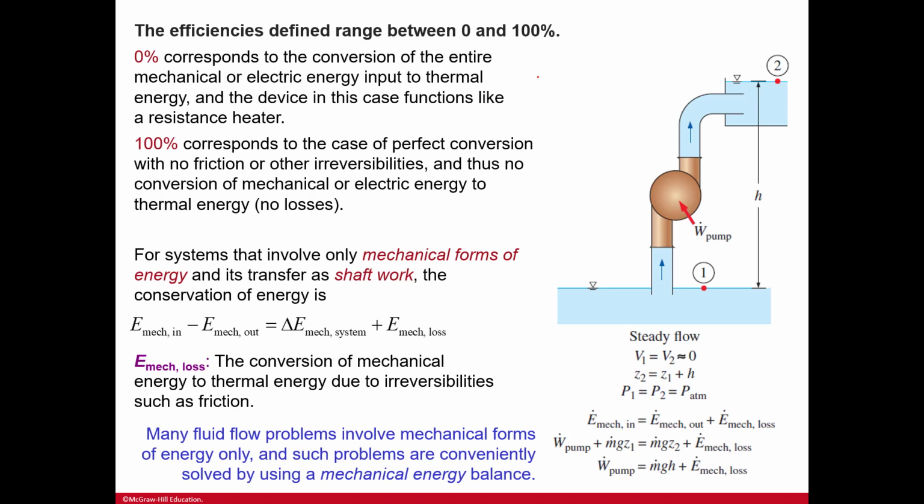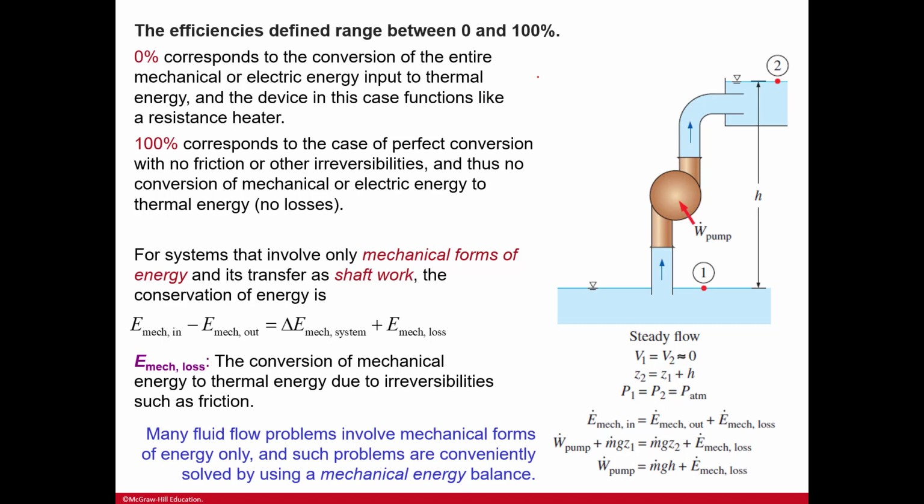The efficiencies defined range between 0 and 100%, of course, because it's a ratio. So 0% corresponds to the conversion of the entire mechanical or electrical work to thermal energy, and the device in this case functions like a resistance heater.